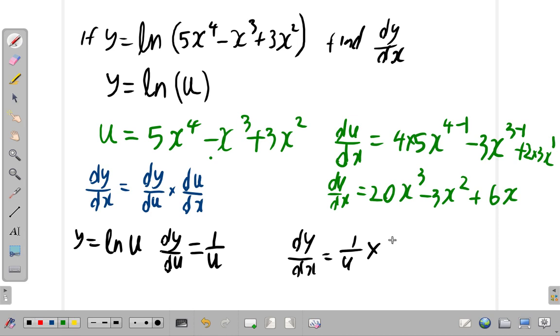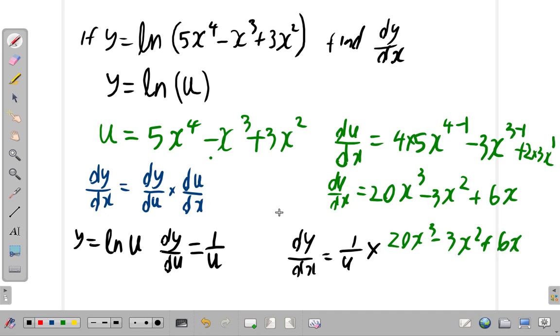And du by dx is 20x cubed minus 3x squared plus 6x. But the thing is now, what was u? U was 5x to the 4th minus x cubed plus 3x squared.